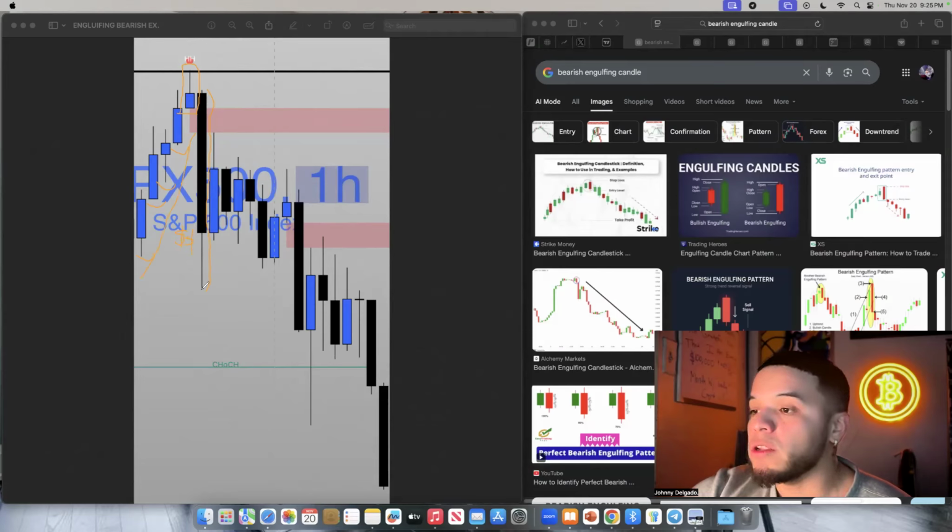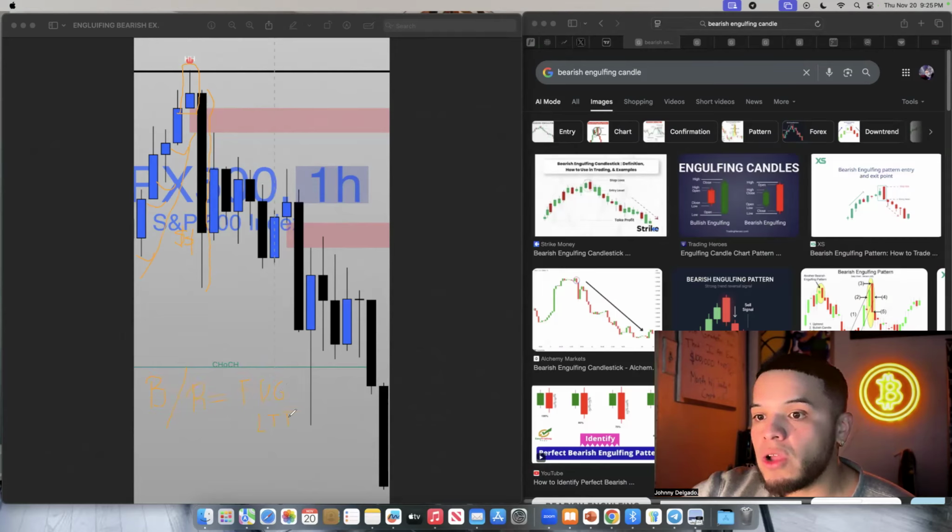What you want to look for on the lower time frame is breaks and retests. You also want to be looking for fair value gaps on the lower time frame.